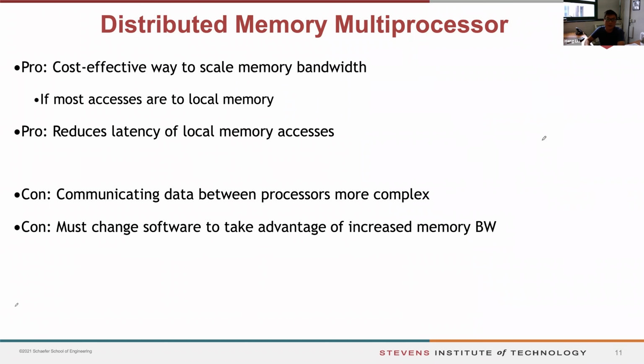For distributed memory processors, it is cost effective to scale memory bandwidth because, I would say, in the majority of cases applications actually access the local memory, right? So that's why we have NUMA. It means for the local processor, I would say 99% of the time they access the local memory. That's very miraculous, right?